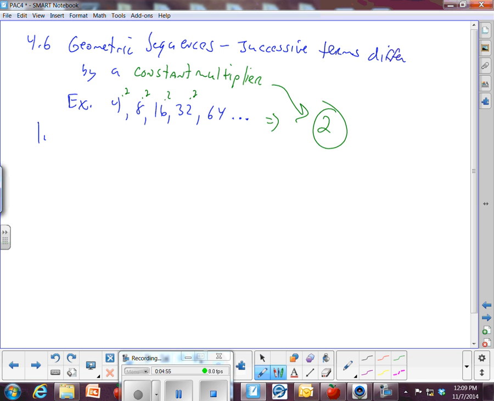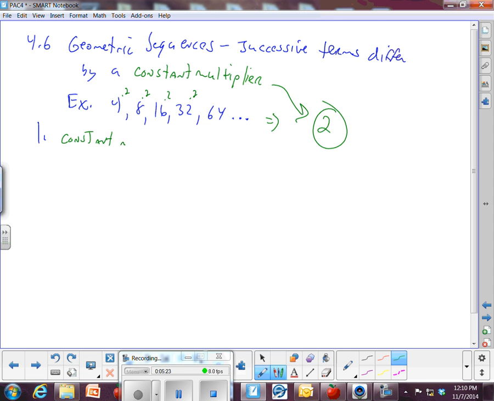Okay, so for an arithmetic sequence, how do we designate the common difference? What did we use to represent the common difference, Nick? I'm looking for a symbol. Kirsten? We used the lowercase d, right? It represented our common difference, and that's pretty easy. We also need a symbol for the constant multiplier.